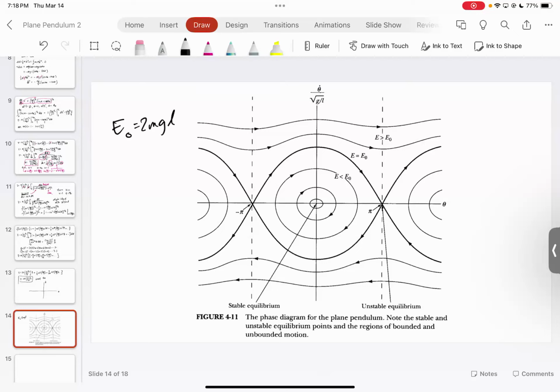Okay, now if yung energy is less than E naught, okay? So ibig sabihin, pag E is less than E naught, ang tinitignan ninyo, hirap mag-English, something like this, di ba? Pag E is equal to E naught, dito yung nagsa-start. Pero pag E less than E naught, dito siya nagsa-start. Okay? And alam natin yung behavior, ganyan lang siya.